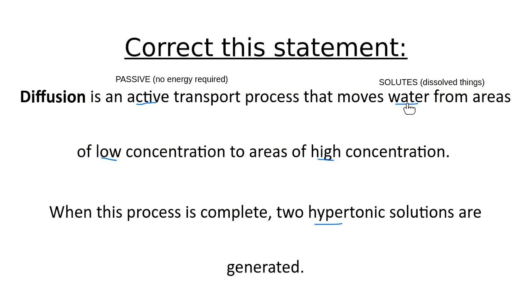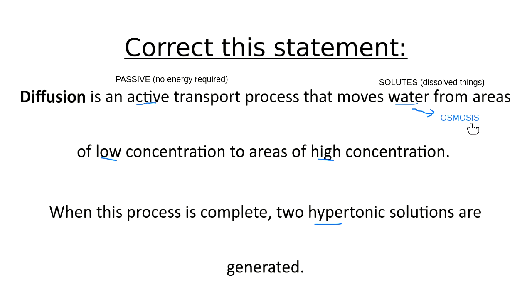Hey, if I wanted to talk about the movement of water, what is the name of the process that water moves in? What's that process called? Yeah, so if we actually wanted a statement to be about water, we would have to change this whole thing to say osmosis. So if we were actually talking about the movement of water, we would change our first word here from diffusion into osmosis.